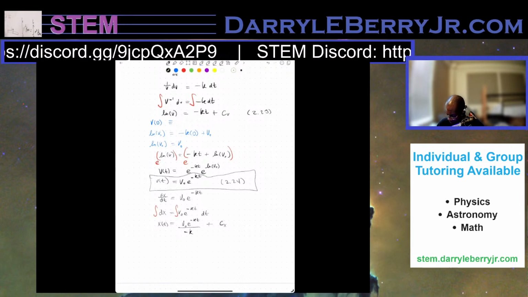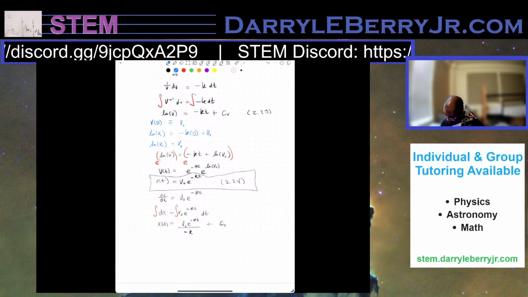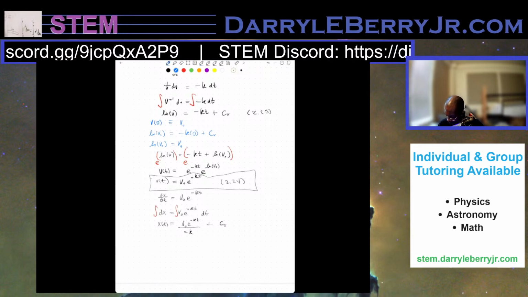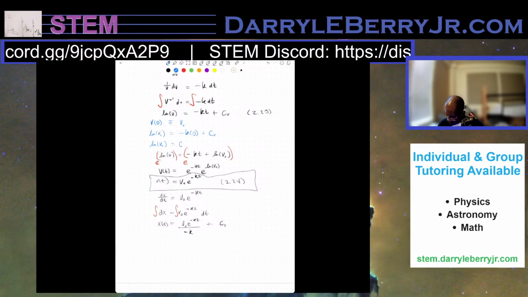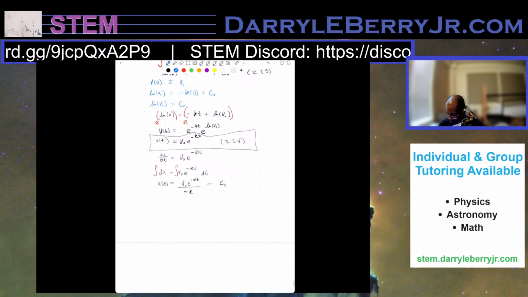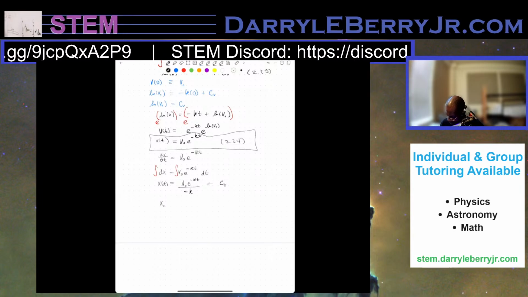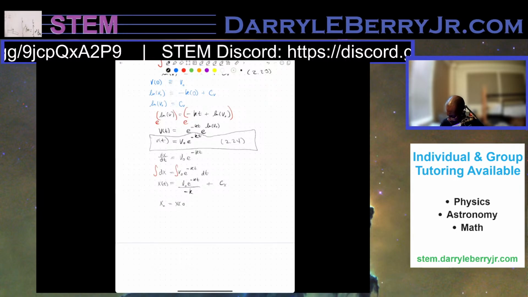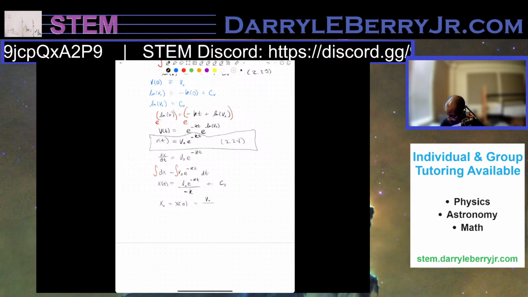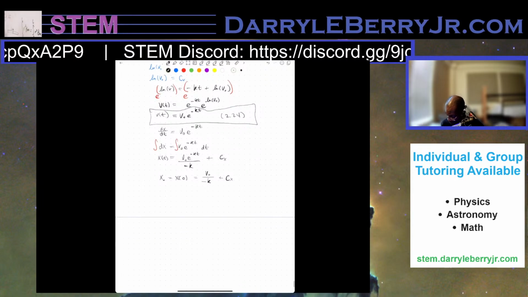So v naught is defined as v naught plus cv. So cv, cx, all right? So we'll say that x naught equals x at t equals 0. So that equals v naught over negative k plus cx.